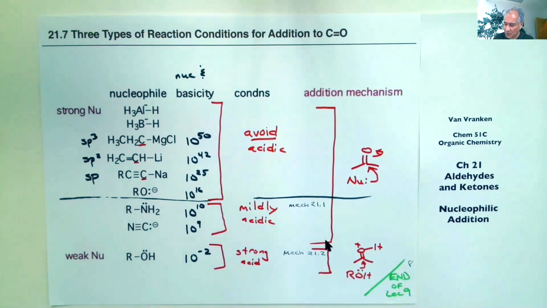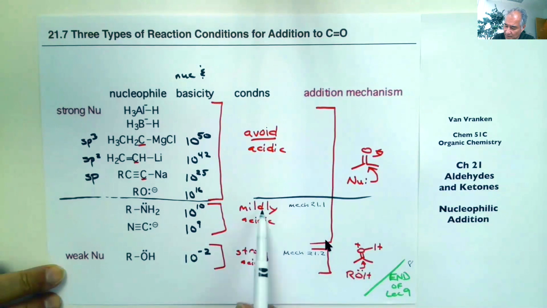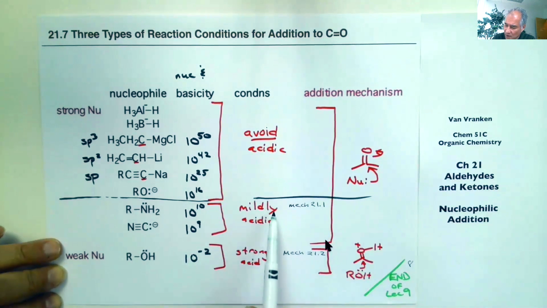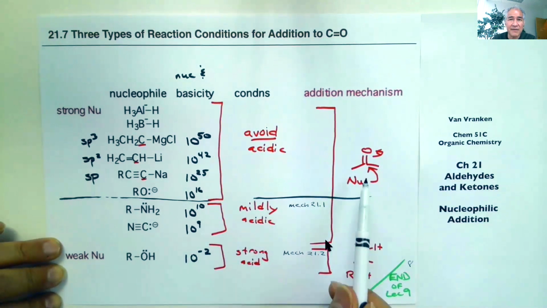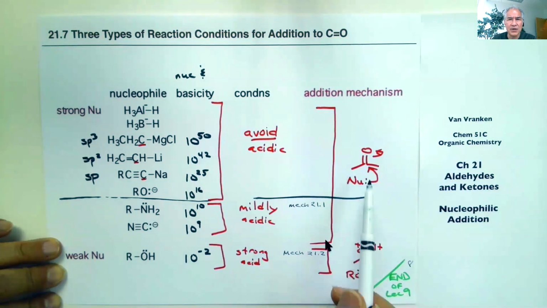So we're going to start off by talking about conditions where, let me just remind you that previously we talked about addition of organolithium and hydrido reagents to carbonyls, so you generated alkoxide products that had to be protonated in the workup in a second step, after all the CC bond formation was done.